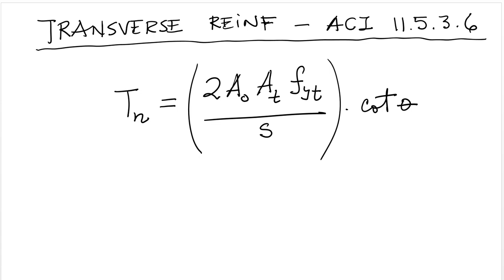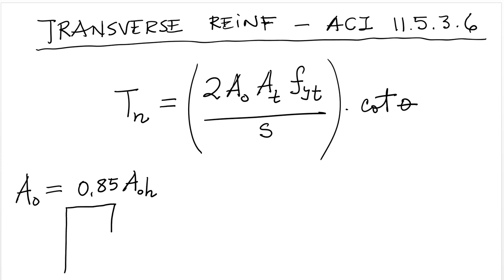From this equation, let's first define A naught. A naught is defined as 0.85 of Aoh, and Aoh is the area enclosed by the center line of the transverse reinforcement.